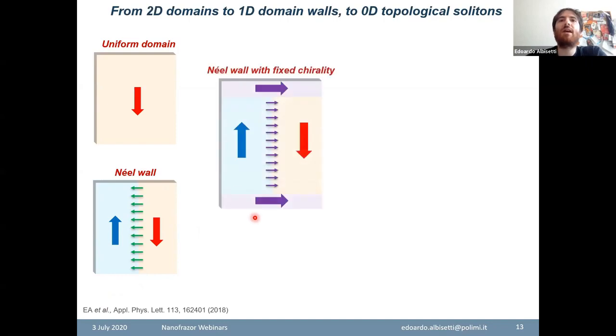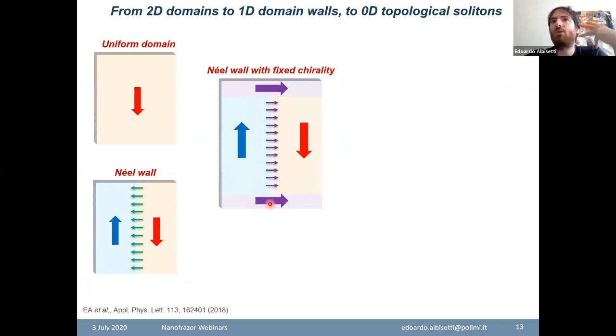But then we can use tam-SPL again to rewrite the top part and the bottom part of the region that we are patterning. And according to the direction of the magnetization of the top and bottom domains, the magnetization of the domain wall, which is called the chirality of the domain wall, is fixed in the direction of the magnetization of these domains.